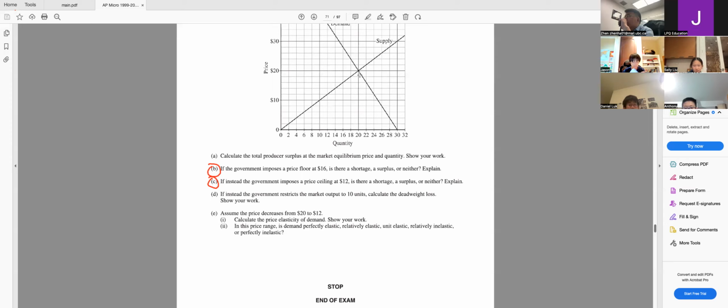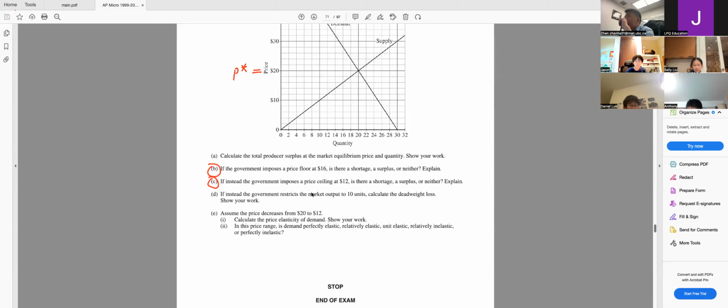Where it crosses, isn't it at 20? Yeah, 20. That's right. So the equilibrium price equals $20.